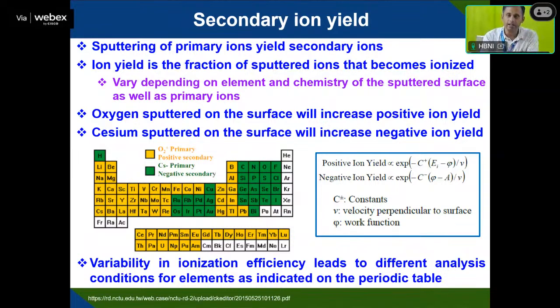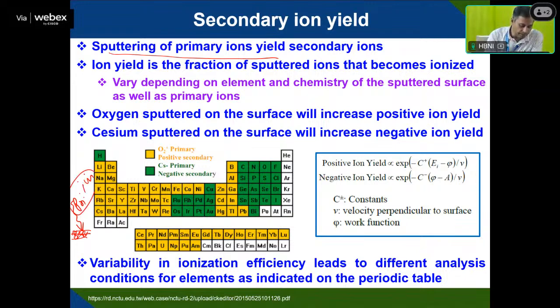The secondary ion yield, how much is produced, depends on the sputtering primary beam yield. The material has different atoms, and you are bombarding it with a primary ion beam.